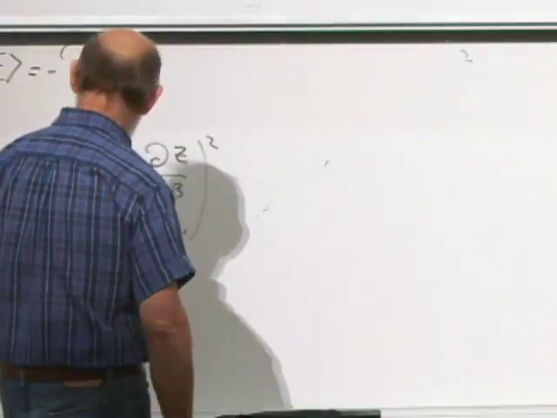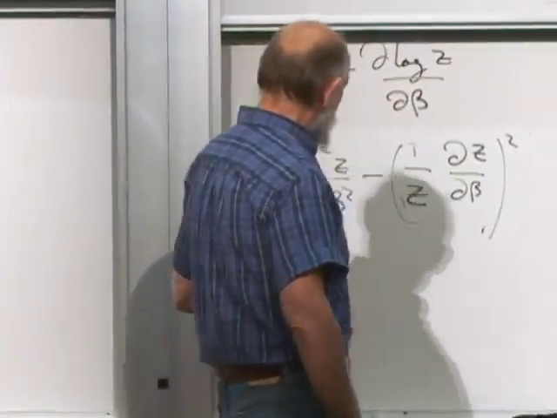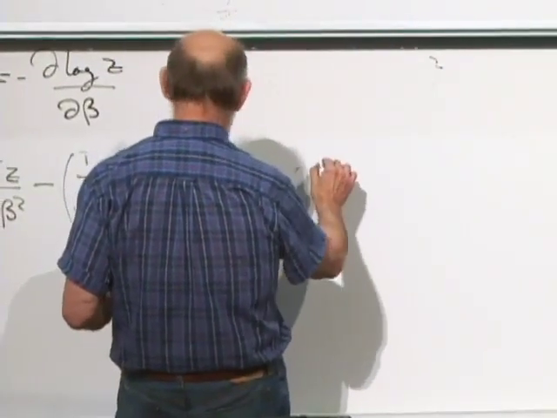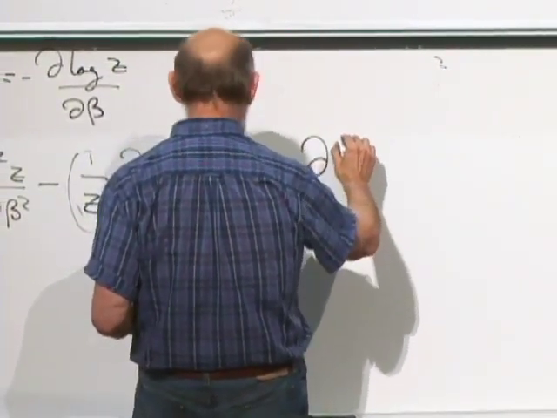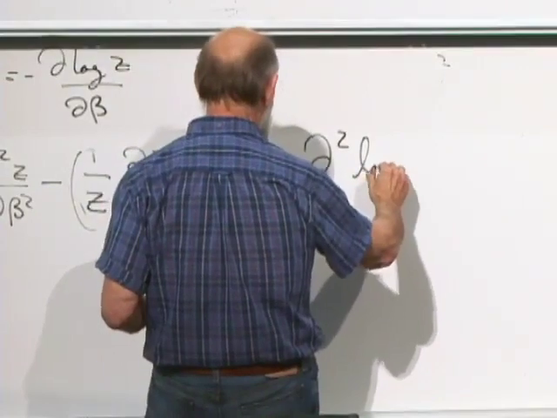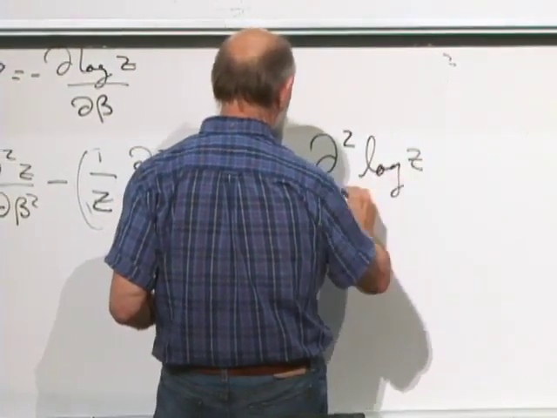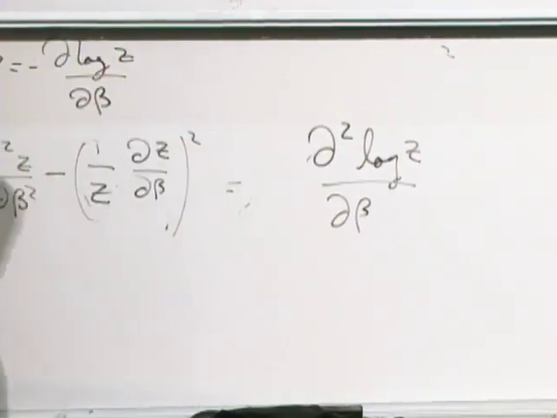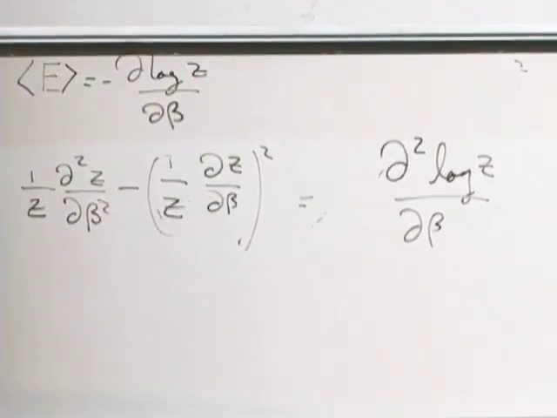Let's see. This is, I believe, I think it's just the second, let's try it out. The second derivative of log Z with respect to beta is, I think, what it is. Let's try it out and find out.